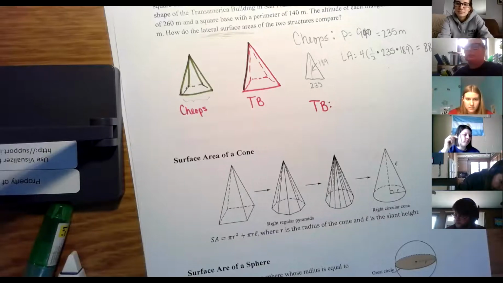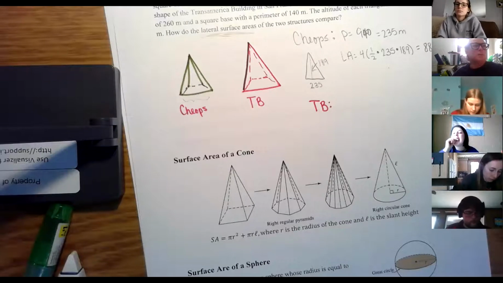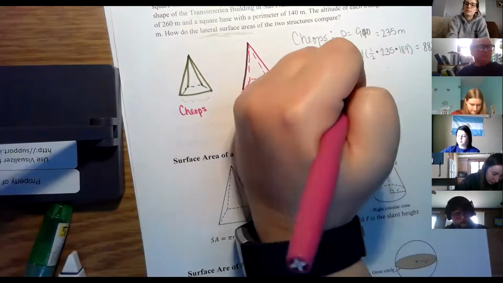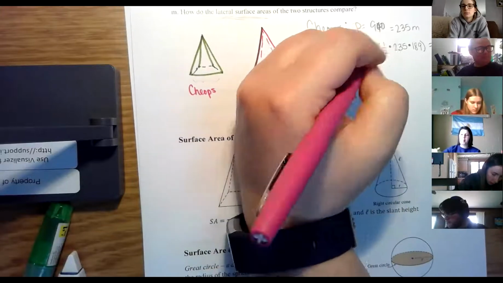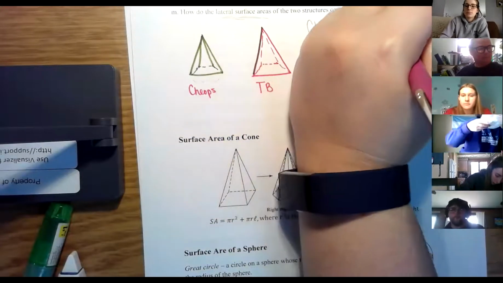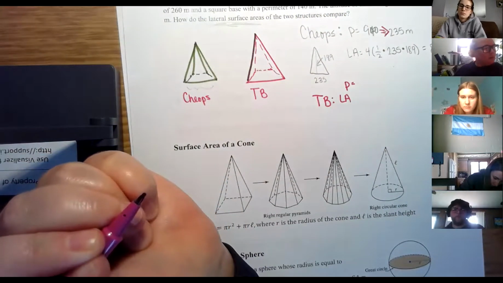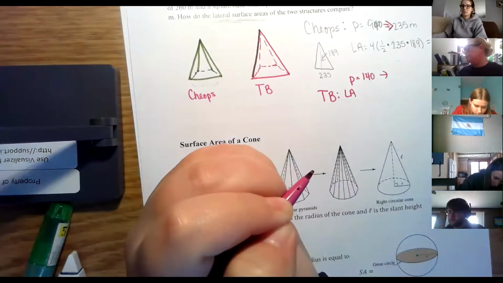So Lauren, you got 18,270. That's what I got. And that's what you got, Sophie. What about everybody else? Sarah, Cole, what about you, Emily? We're still working on it. I got 18,200, not 270.